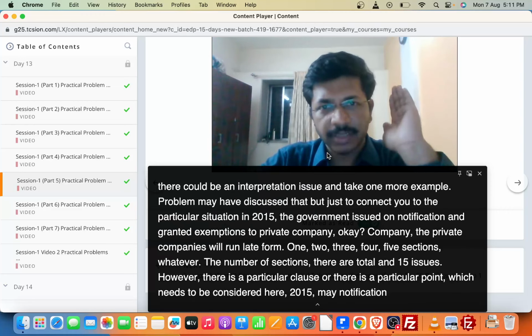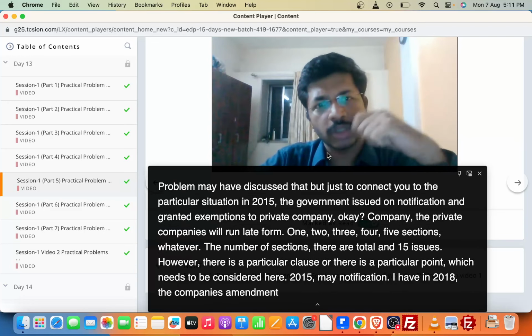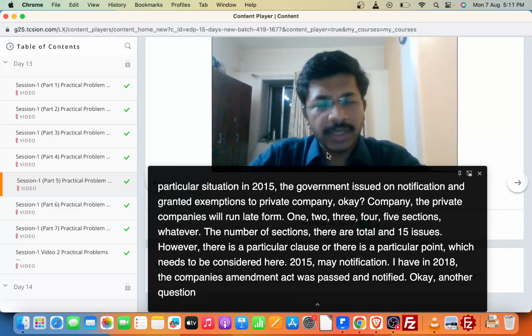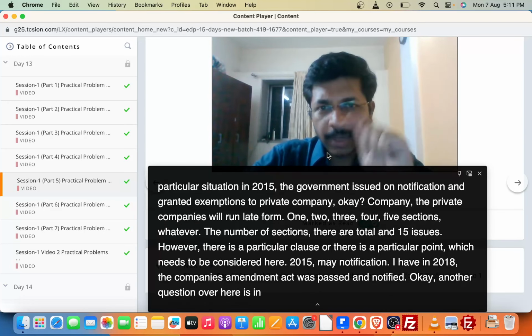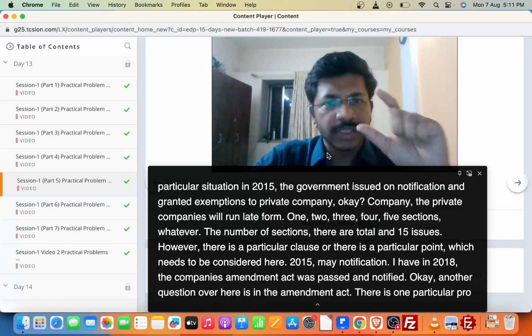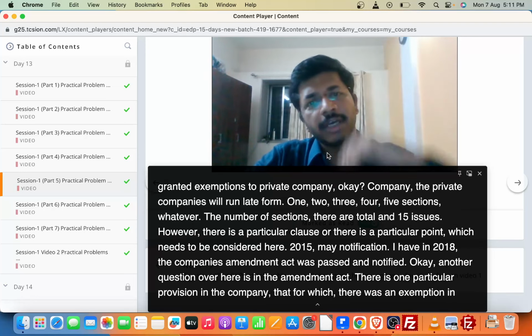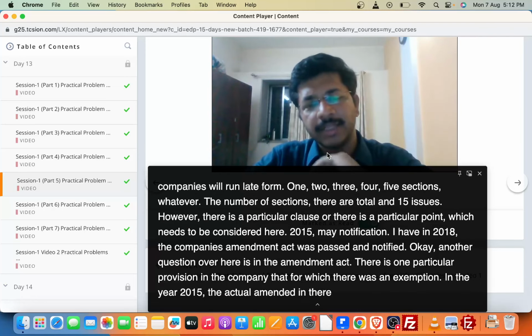The notification came in 2015. In 2018, the Companies Amendment Act was passed and notified. Now the question over here is, in the Amendment Act, there is one particular provision in the Companies Act for which there was an exemption in the year 2015. The Act was amended in the year 2018.